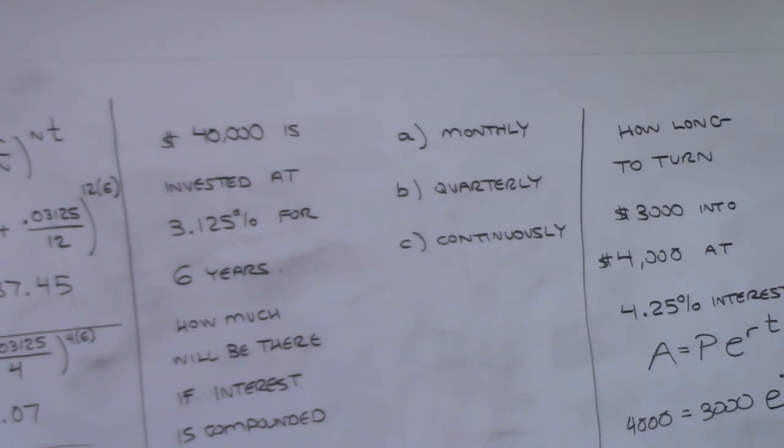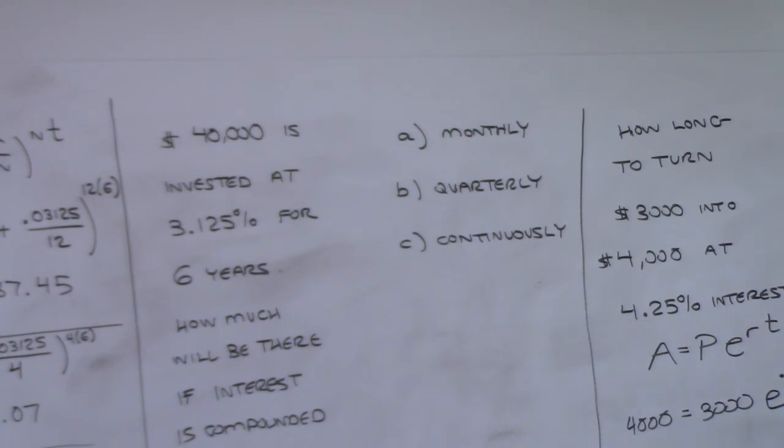Natural log of 1.333. And when you do natural log, the critical key element of this whole thing is that when you do the natural log on the right side, the only thing that comes out is this piece. The E is basically going to vanish from the right-hand side.